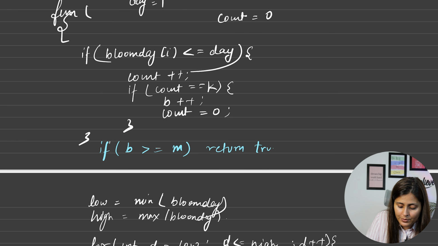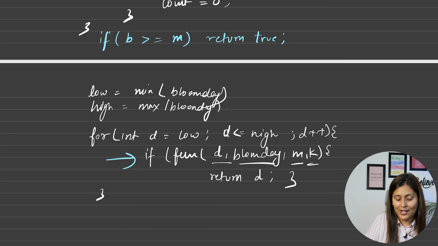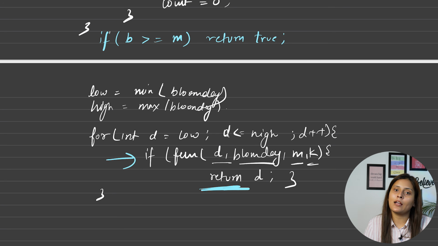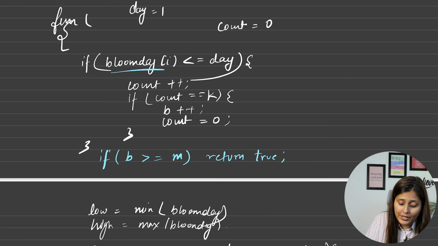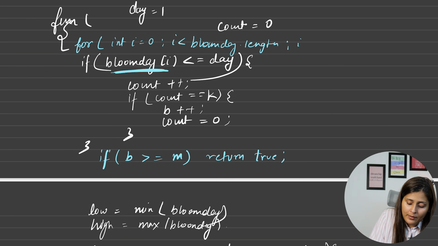Yes, it was possible, and if we return true from this function, this if case will catch it, and now it will return the expected minimum day. And here we have to check for every ith index of bloomDay. So we have to put this in a for loop, for int i is equal to 0, i less than bloomDay.length, and i plus plus.